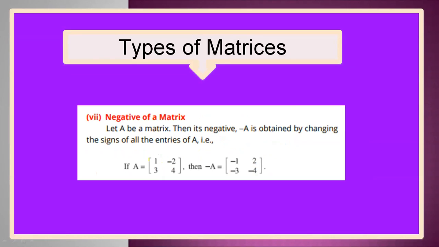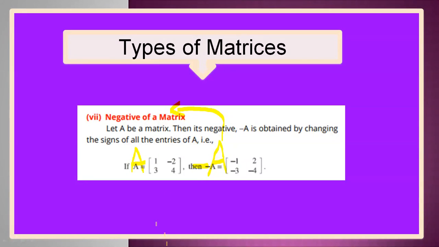Okay. So the next type is the negative of a matrix. If any matrix is given to you, it means a plus matrix A is given to you, but you are taking its negative. You are doing it by multiplying by the negative sign. That's why it's known as the negative of a matrix.